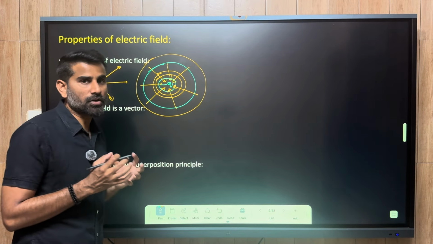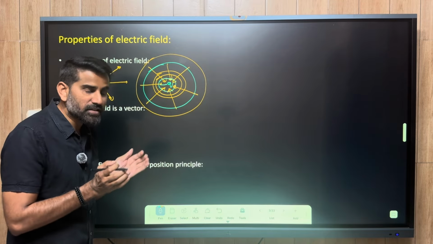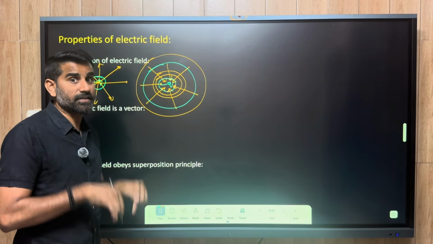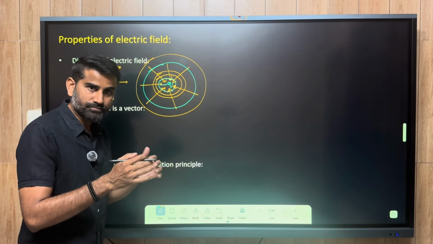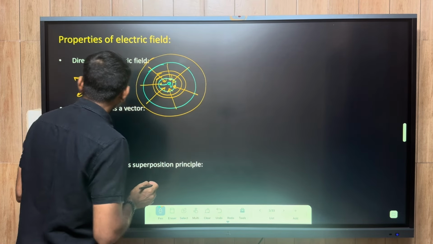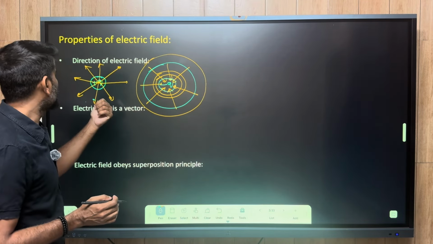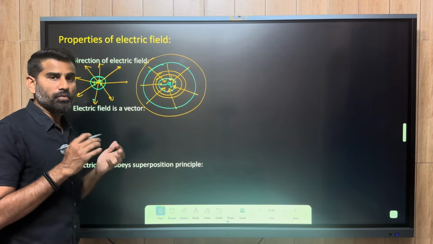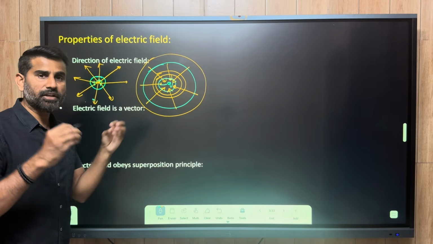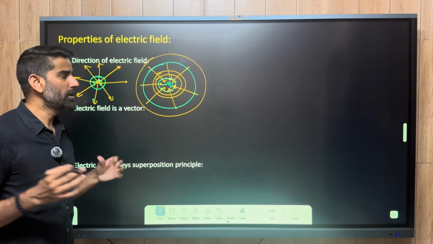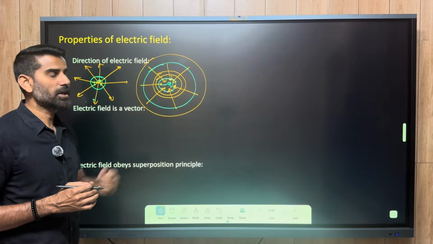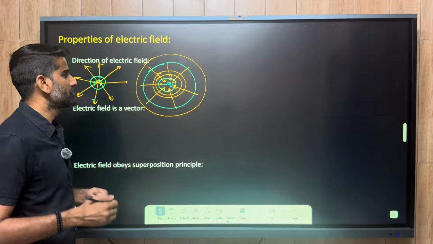So the maximum amount of electric field is possible near the charge, not exactly at the charge, near the charge. Okay, right. So the direction of electric field, when it comes to positive charge, is pointed radially away. When we are using negative charge, the field is inward.